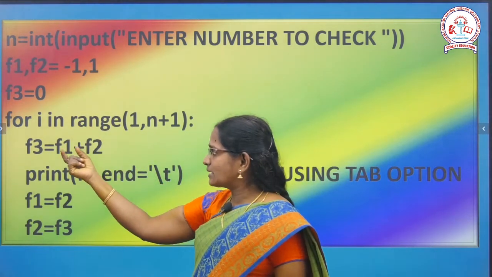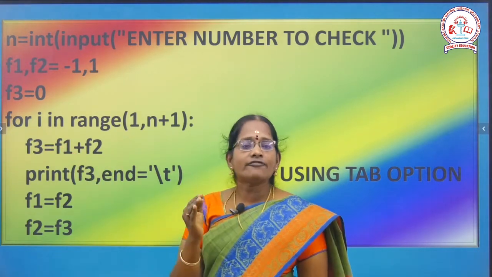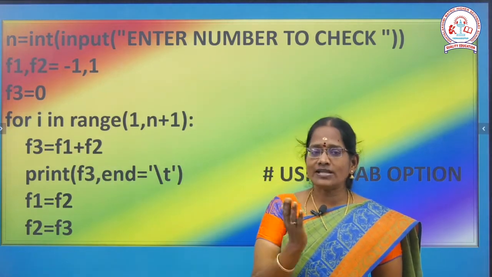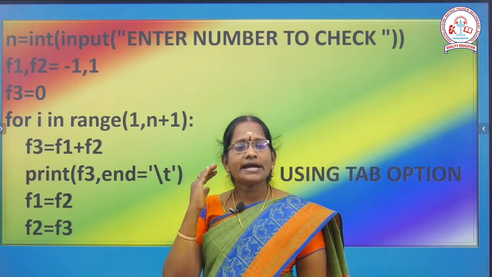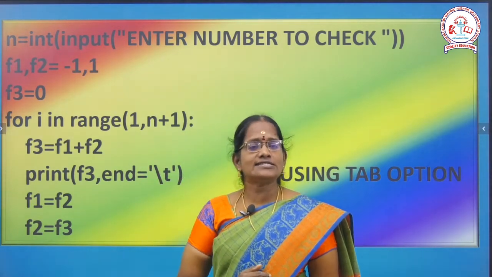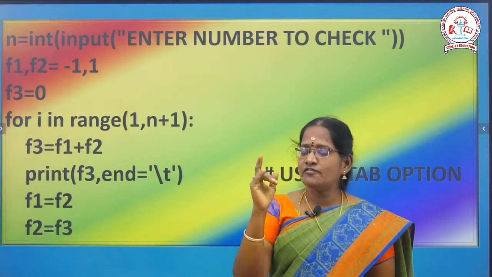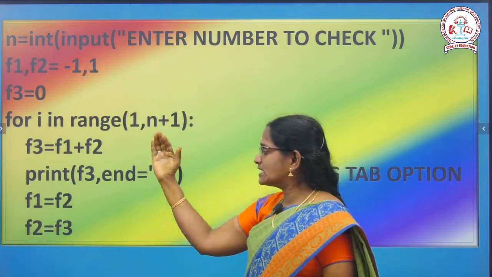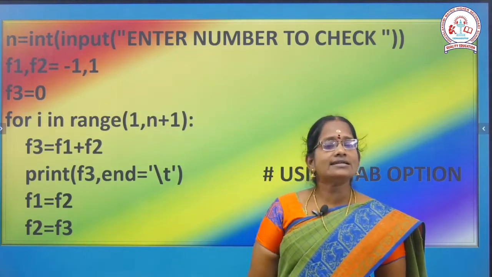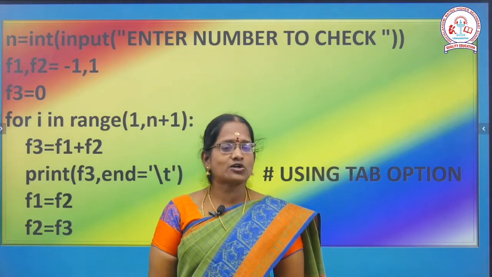So the first time f3 is equal to f1 plus f2. f1 value is minus 1, f2 value is 1. Now we calculate minus 1 plus 1 is equal to 0. In our loop, first value is 0, next number is 1. For this purpose we are using the swapping of numbers concept.